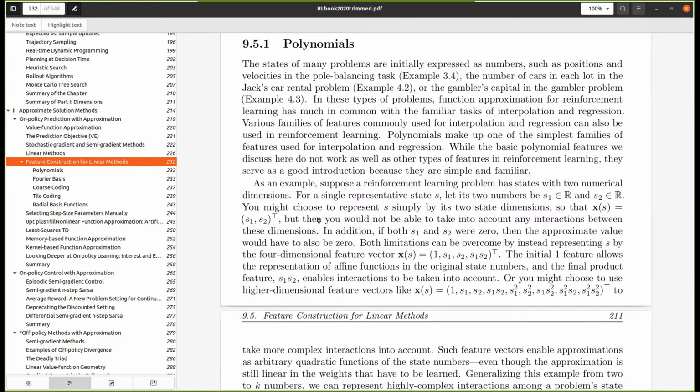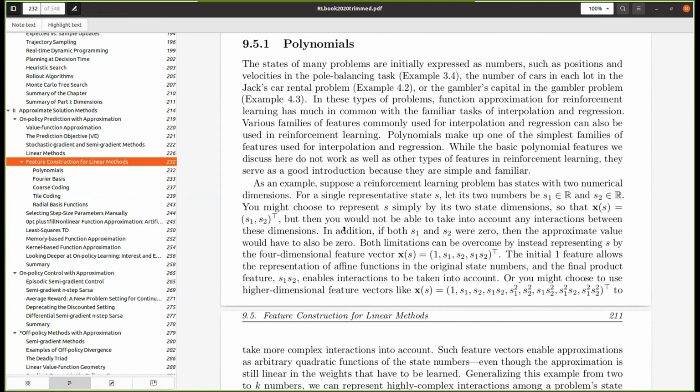So consider some environment where a state is described by two numbers, S1 and S2, which both are just rational numbers. And now we can construct our feature vector, x of s. The simplest feature vector we can choose is just to stack these two numbers in a vector.